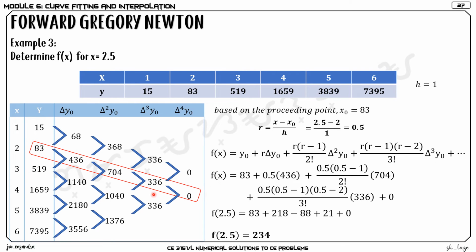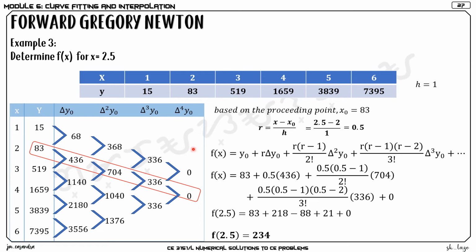So this example number 3 proves that we could use another set of leading or forward differences in our solution if our closing value for our table is equal to 0.